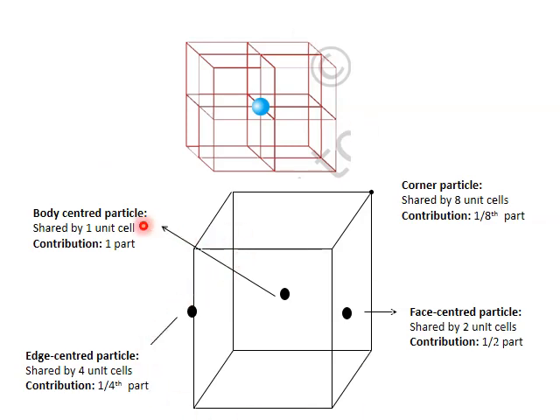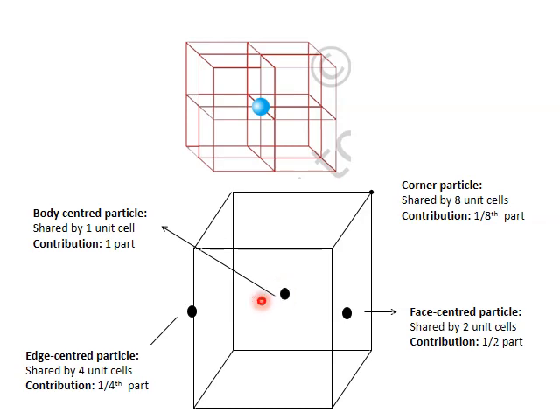Next, if you take a body centered particle, which is present in the center of the unit cell, that is in the body of the unit cell, like if I assume this as a complete unit cell, this particle will behave as a body centered particle. This is the body centered particle.